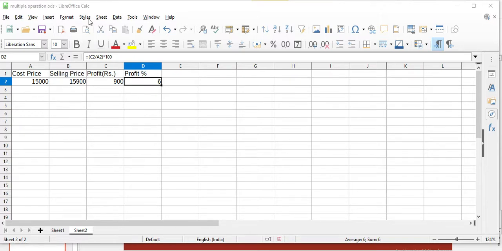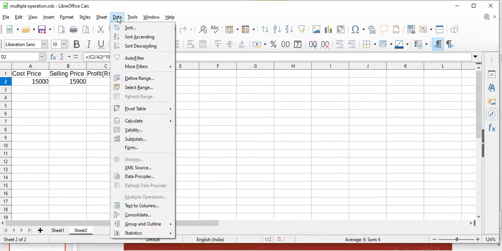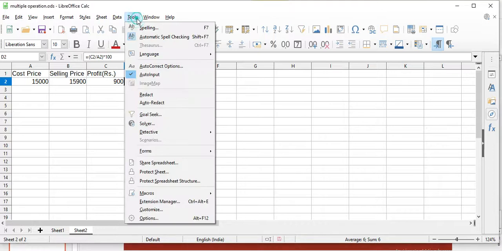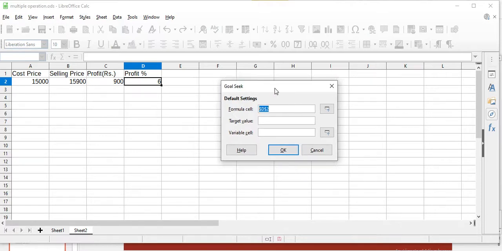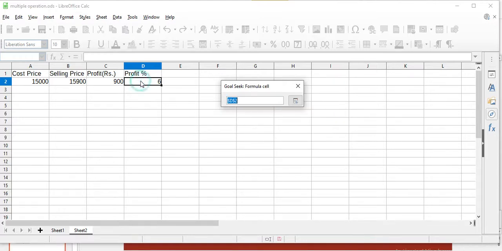Now first go to Data, go to Tools, and here the goal seek option is there. Click on that and you will see a window appear. In the formula cell, select the formula cell which you want to change. Here I have already selected the profit one. If it's not selected, just click on this, select it and expand.